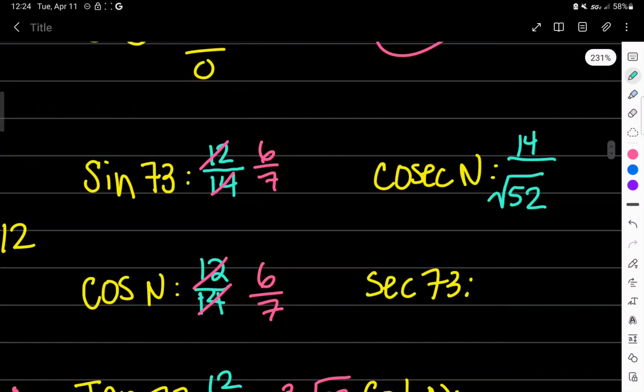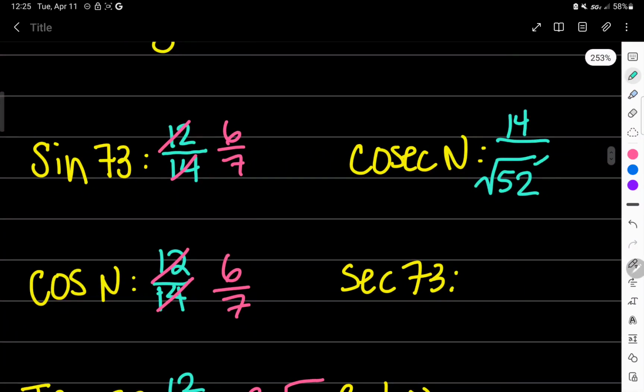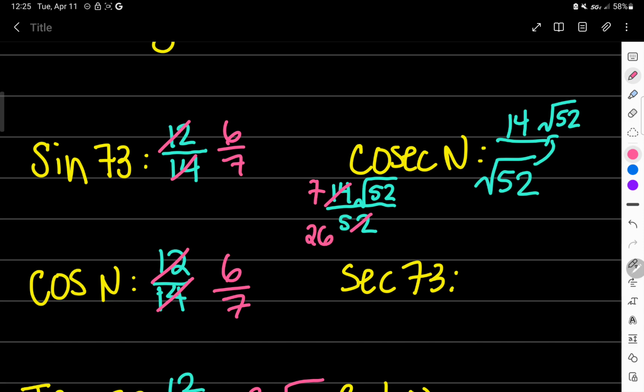So we're gonna bring up the 52. So we're gonna have 14 square root of 52 over 52. And then this one we can only reduce it once with 2. That's gonna give us 7 and 26. So our final answer for cosecant of n is 7 square root of 52 over 26.